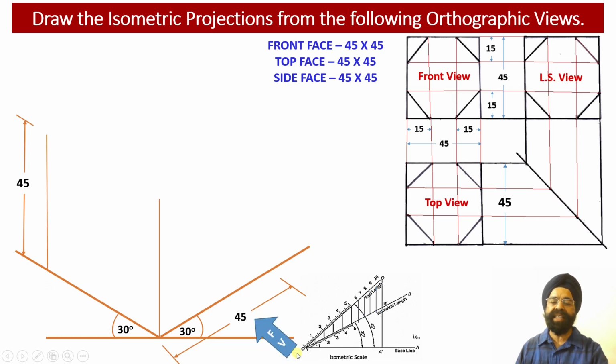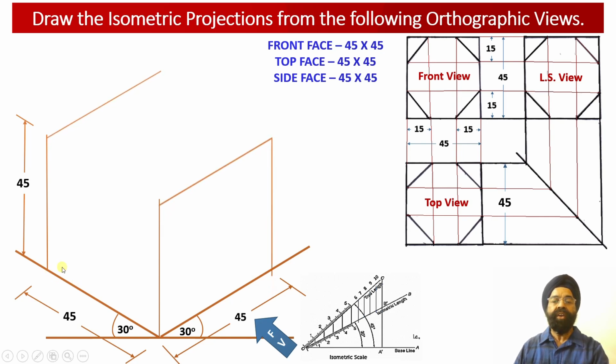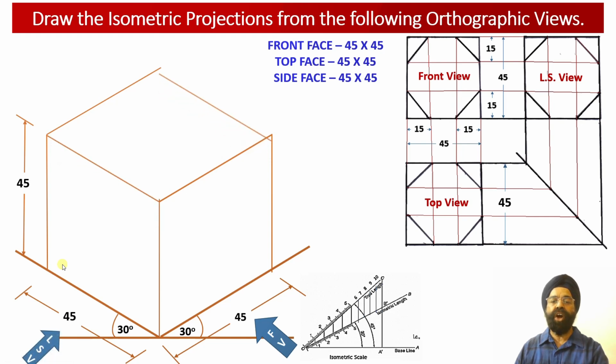Now we see that this is going to be our front view face over here, and this is going to be our left hand side view face over here. The width of the object we have plotted as 45 millimeter alongside the x-axis over here. Now, if we complete the construction of this cube over here, we will see that all the three faces we are able to obtain in the isometric projections over here.